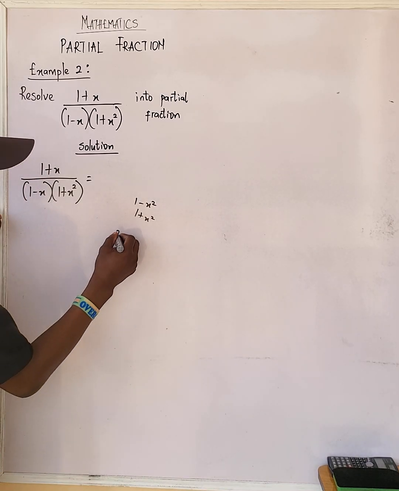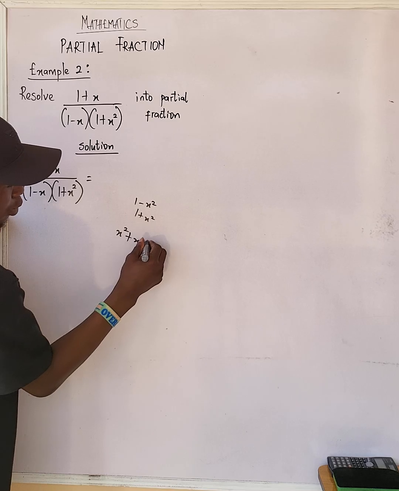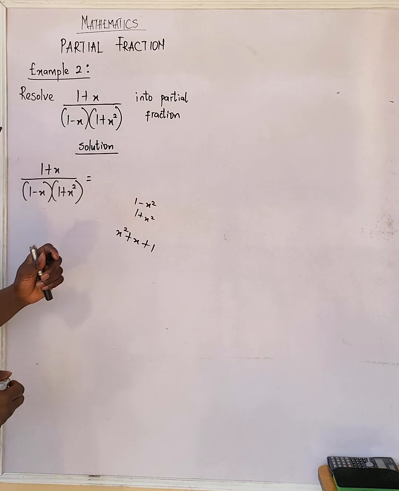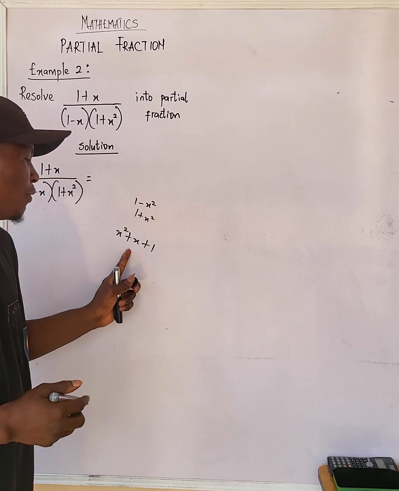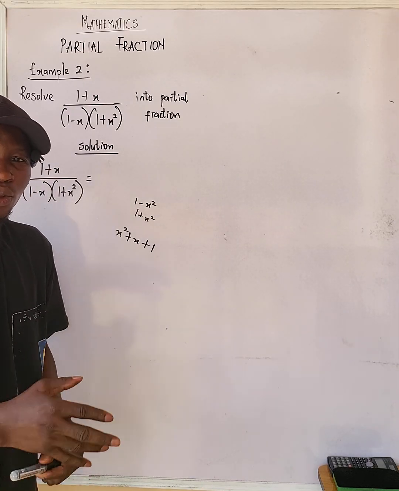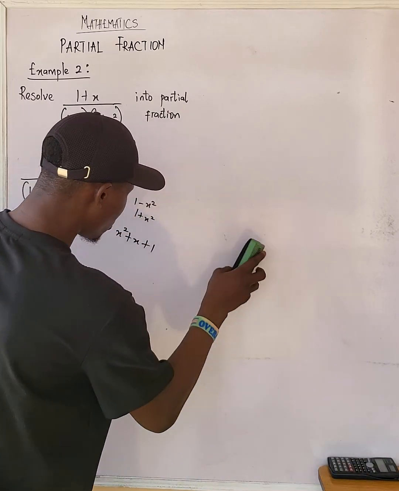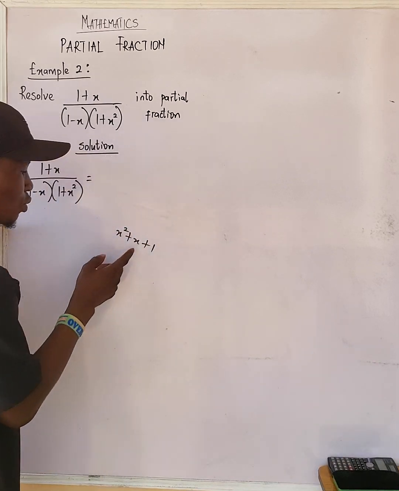Let's say, for example, we're given x squared plus x plus 1. If you look at this quadratic, can you factorize this x squared plus x plus 1? Try it while the rest of us continue. You will not be able to factorize it.